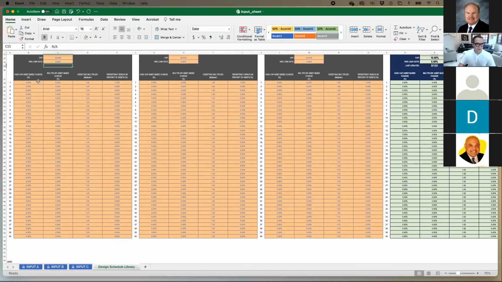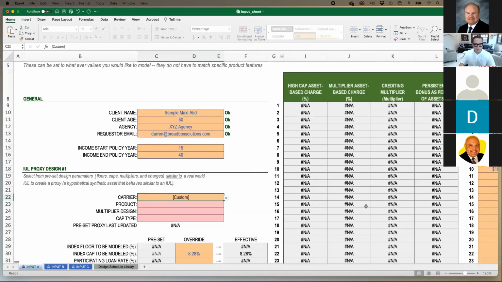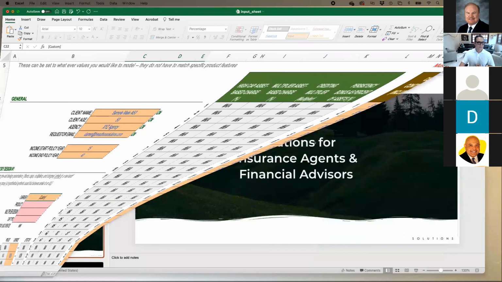And then if they have a high cap charge in the form of an asset-based charge, you put that in there. The multiplier asset-based charge, the multiplier factor. And then if they have any persistency bonus, you would put that in there too. And then when you do that, that would automatically pull in everything from the design schedule library.